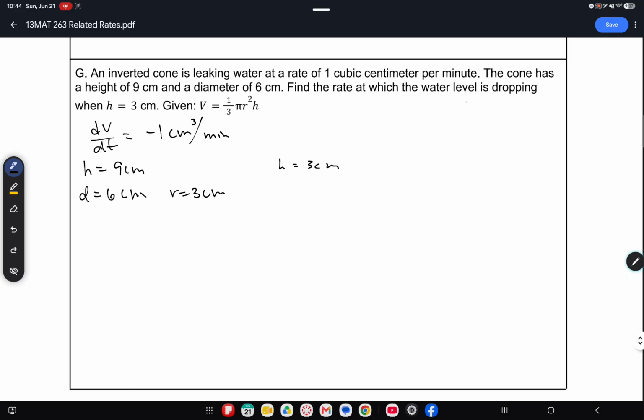Okay, so maybe we need a picture. So we have a cone. We have a radius and we have a height, right? Radius and height. So if I zoom in to what this might look like, we have a radius and a height.